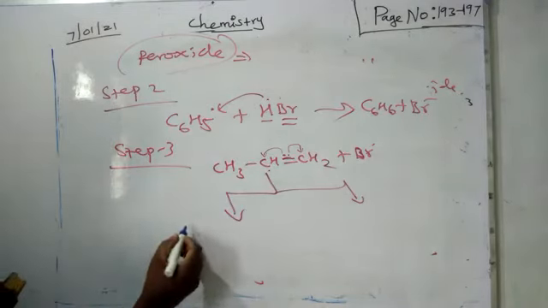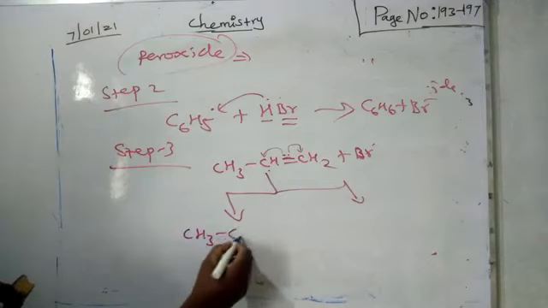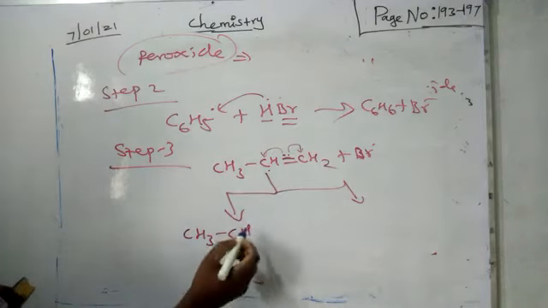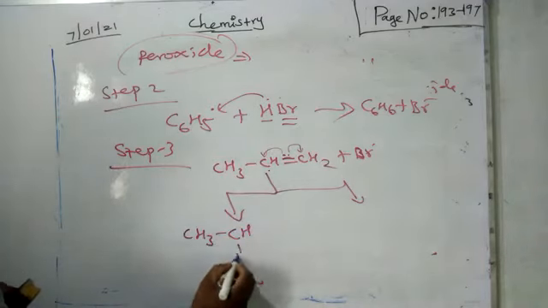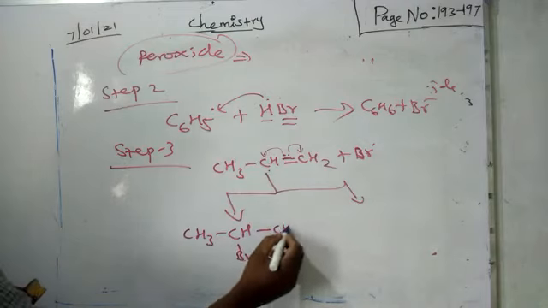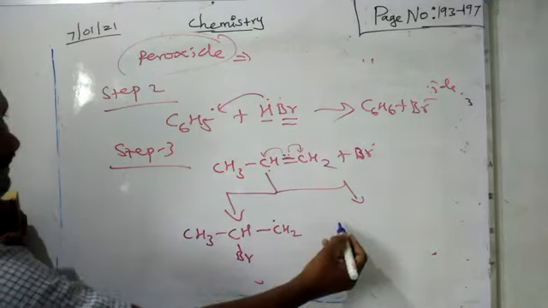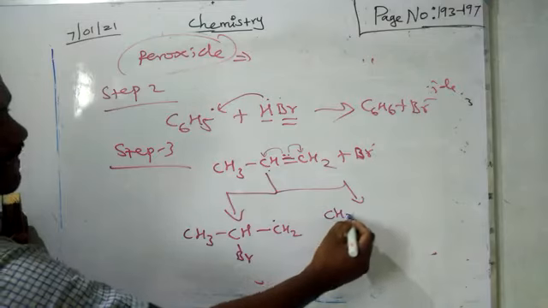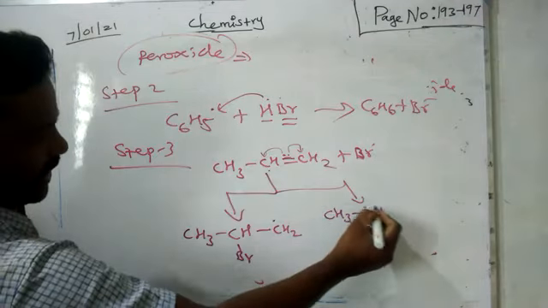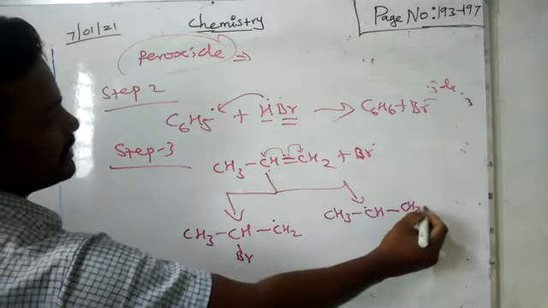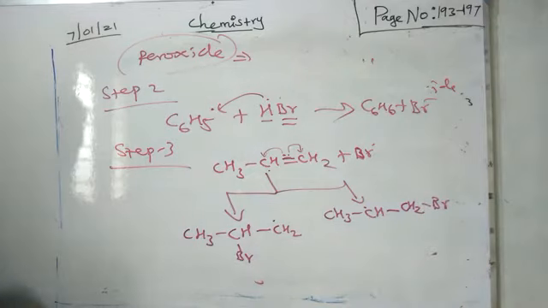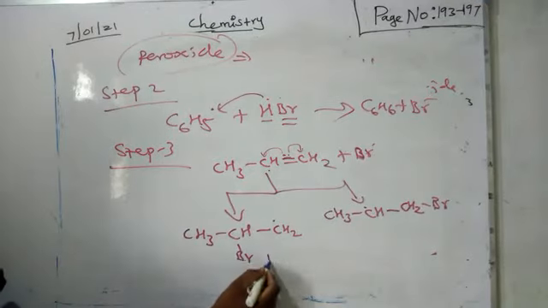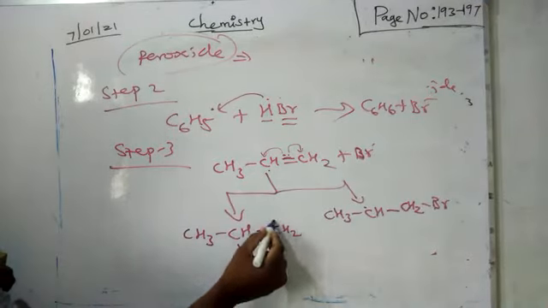So listen, 2 probabilities: CH3, CH, here we may attach with Br, then CH2 dot. Other type of compound: CH3, CH dot, single bond CH2Br. So this is the primary free radical.